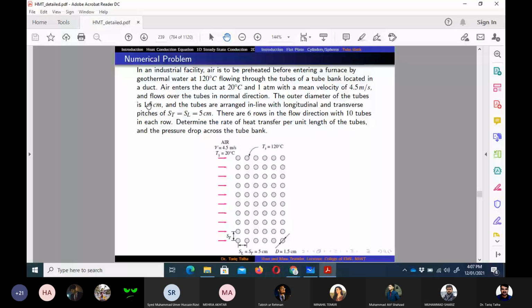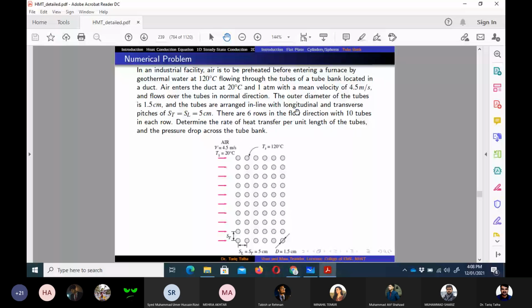So it is going this way, right? The outer diameter of the tubes is 1.5 centimeter, and the tubes are inline, so we need to use the relations for the inline arrangement.